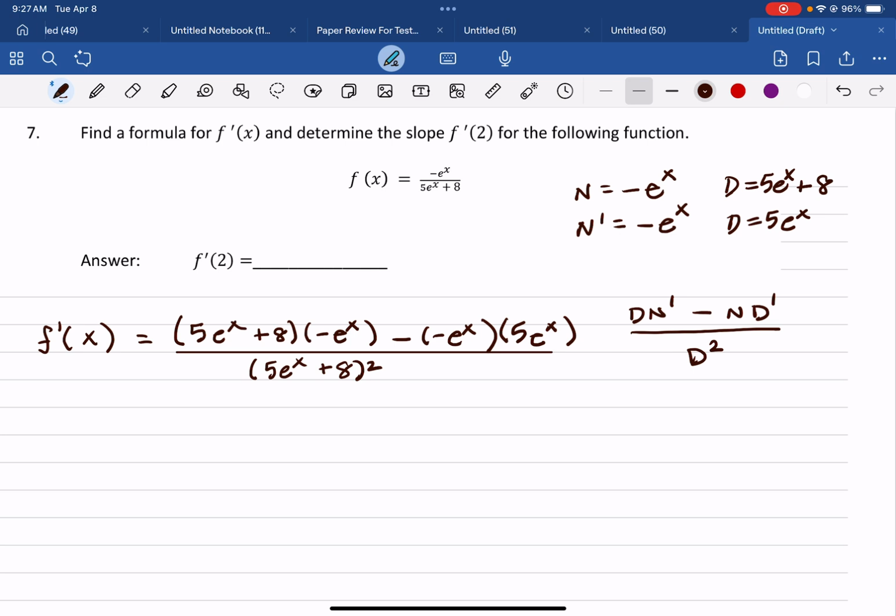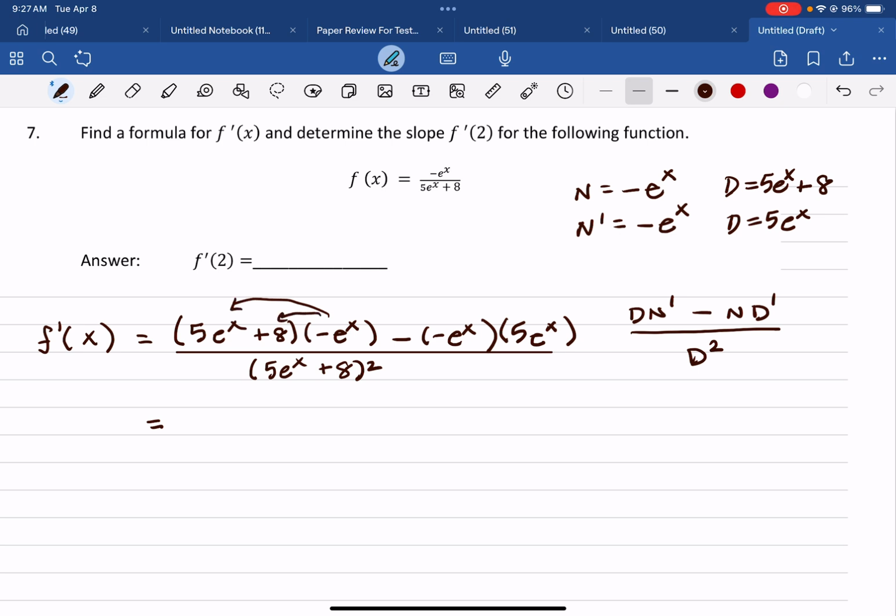Now that's the derivative, but we need to go ahead and simplify it. There are a couple things I could do. I'll just distribute this out because that tends to feel most natural.